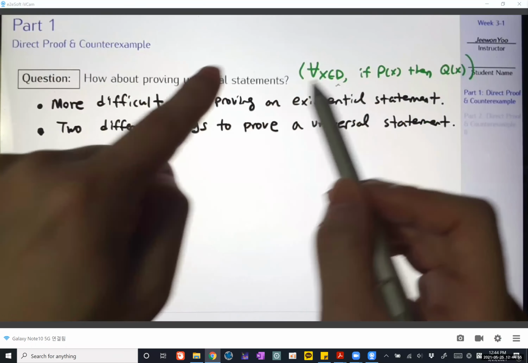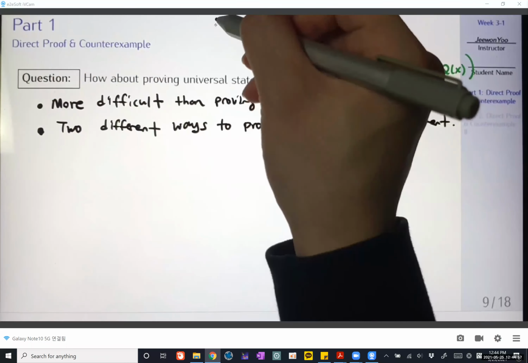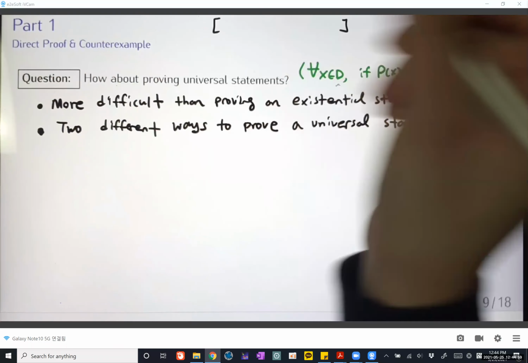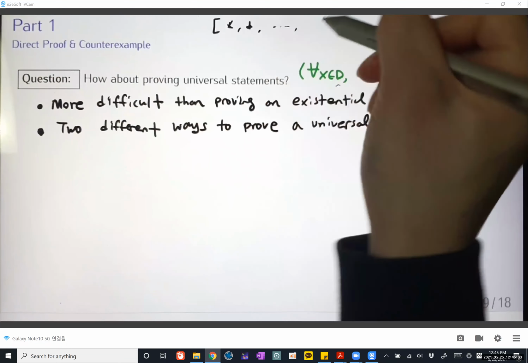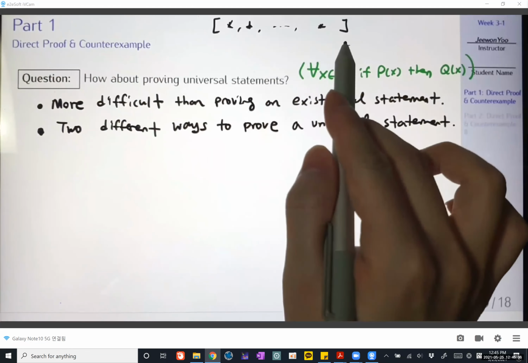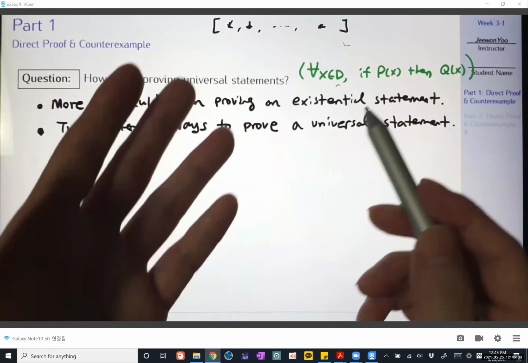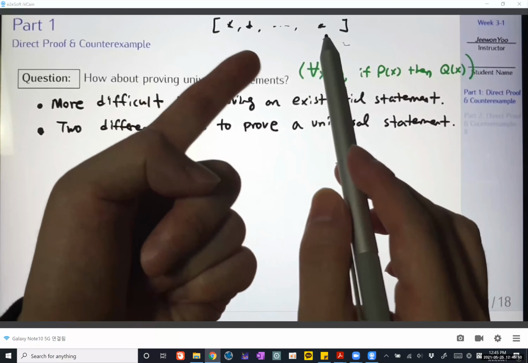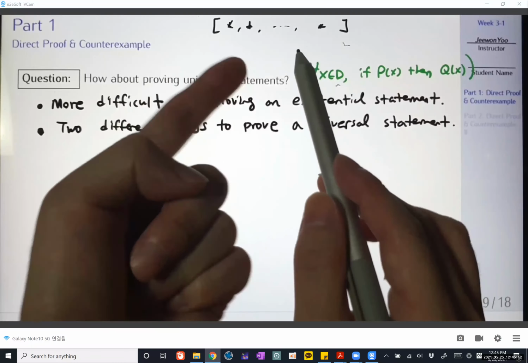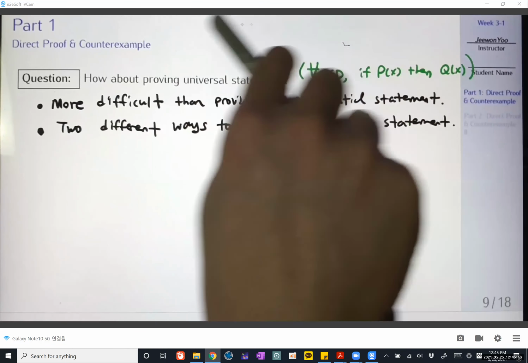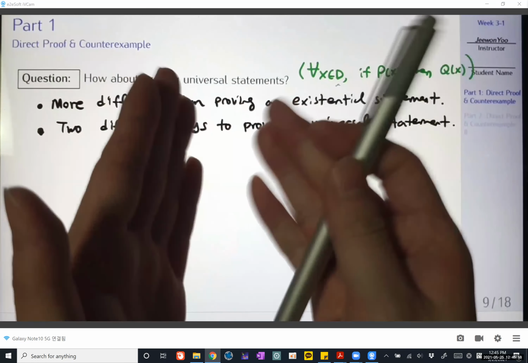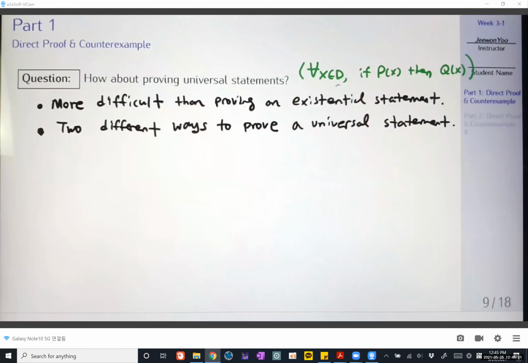In other words, our domain is finite. In other words, the array contains a finite number of elements. If we have a finite number of elements, life might be easy, unless the number of elements is too large. So suppose we have a small number of elements in a domain.